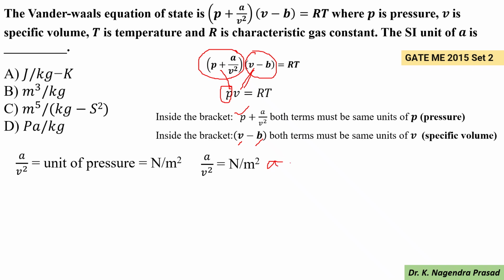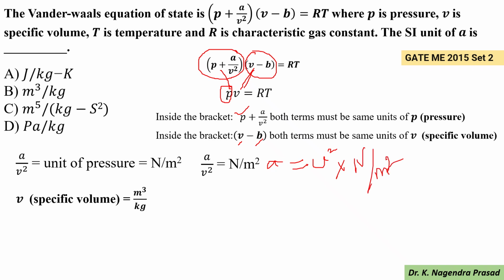So a equals v square into Newton per meter square. And we know that v is the specific volume and its units are meter cube divided by kg. Then v square units are meter to the power 6 divided by kg square.